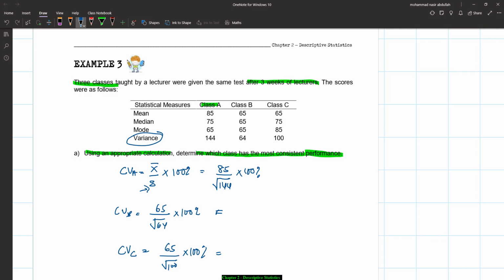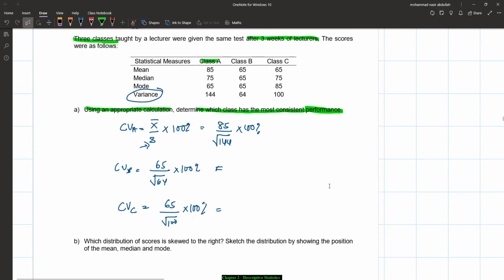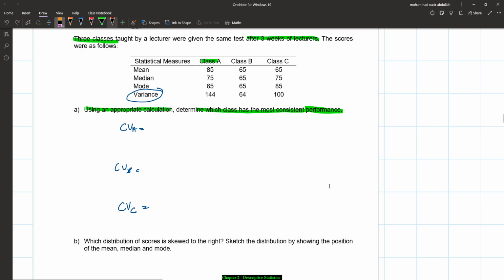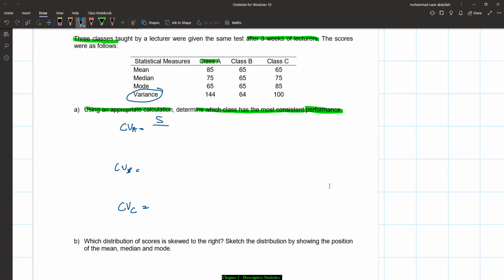So we need to remember the formula, right? Oh sorry, standard deviation divided by mean. Salah. Terbalik. Standard deviation divided by mean, multiplied with 100%.